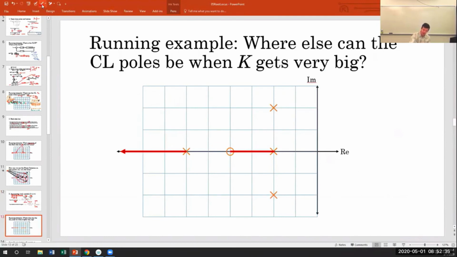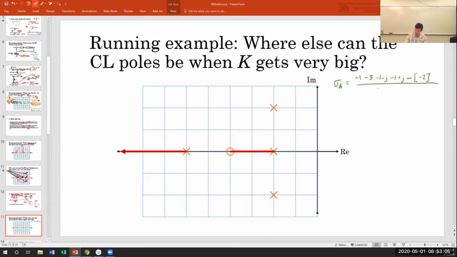So to answer this question, we need to find the center of mass, which is the average of the open loop pole locations. So that was, we have an open loop pole at -1, we have an open loop pole at -3, and we have an open loop pole at -1 minus j and -1 plus j. And we're going to subtract from that the average location of the open loop zeros, which is, there was only 1, so it's just -2.